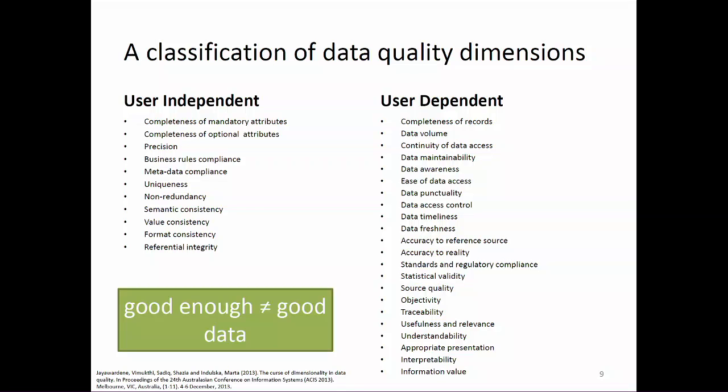So there are certain mandatory attributes that must be there. For instance, if somebody has not provided their phone number, that's okay. That's missing data, but somebody can still make use of that data. But not having your social security number or your ID or other important attributes, that should not happen. Certain level of precision, business rules compliance.